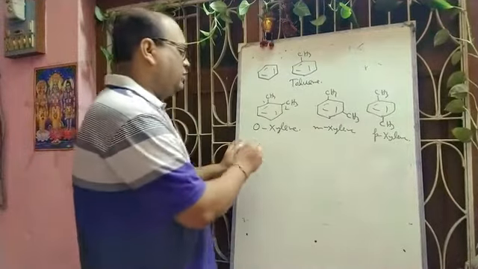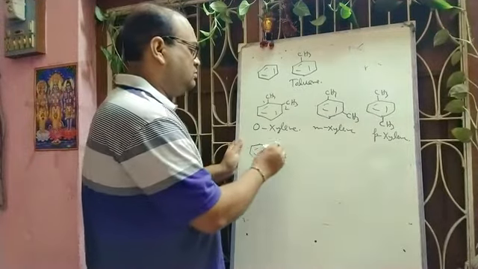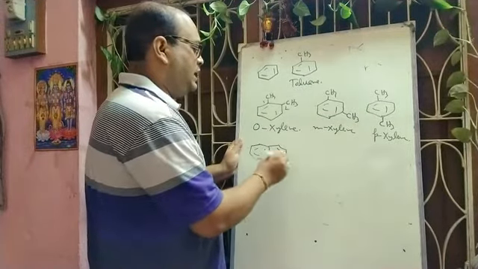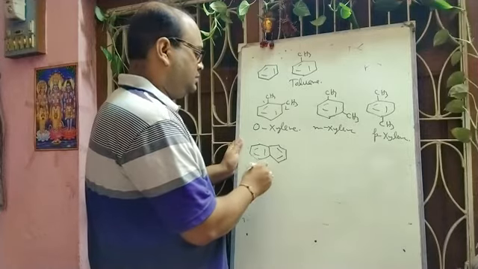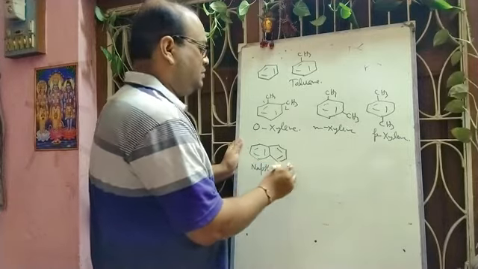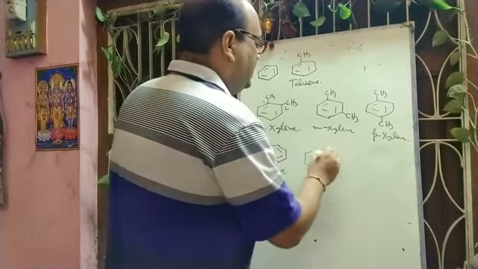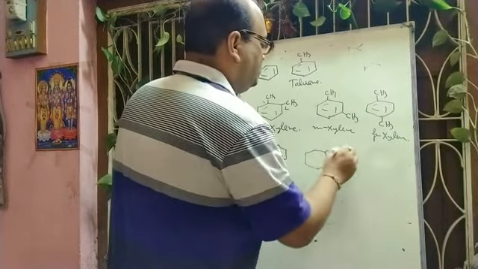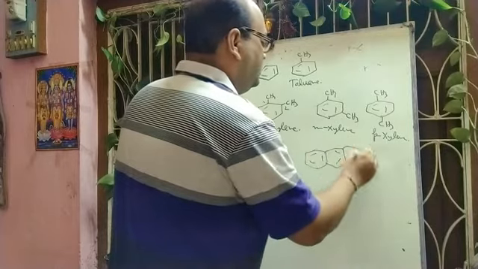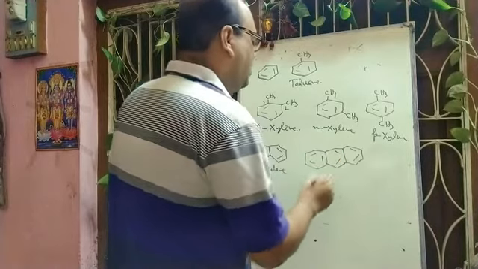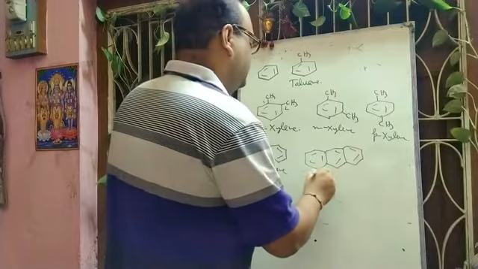Now, if 2 benzene rings are fused, then it is called naphthalene. If 3 benzene rings are fused with each other in a linear way, this compound is called anthracene.